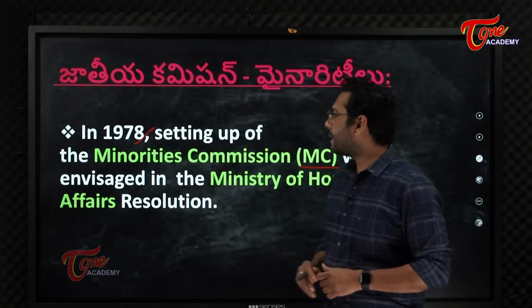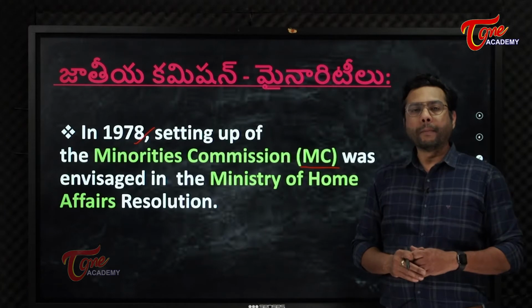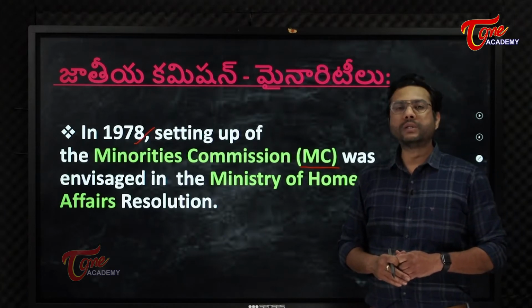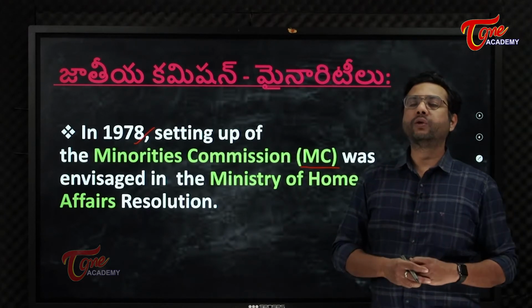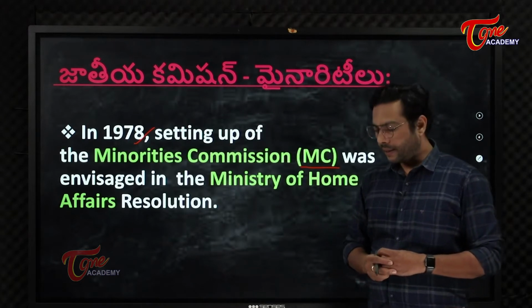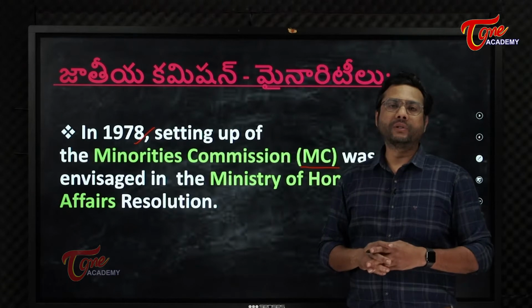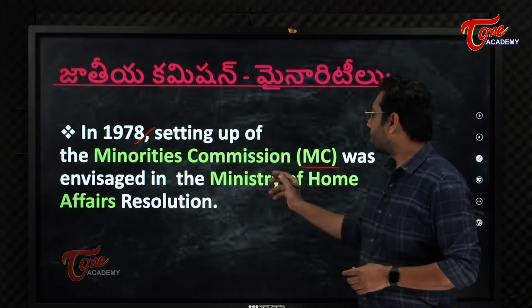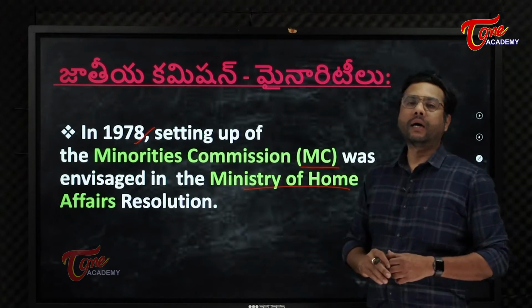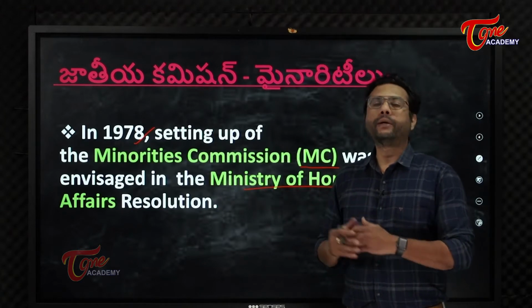In 1978, we had a minority commission which was a part of the Ministry of Home Affairs, that is at central government level. The Minorities Commission was created in this ministry.